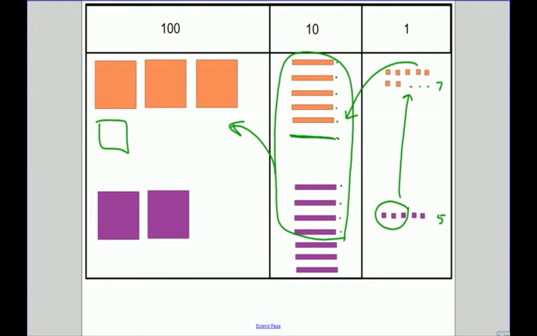Okay, and then I have 1, 2, 3, 4, 5, 6. So 6 hundreds. I was left with 3 tens, and I was left with 2 ones, 632. Now, this is not an easy method to do in your notebook, but if you are a visual learner, maybe you want to draw this out and just make these marks, and you can do it that way.